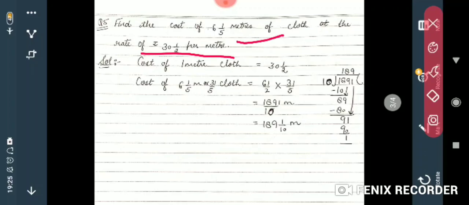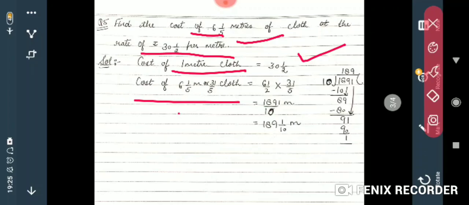That means the cost of 1 meter of cloth is rupees 30 whole 1 upon 2. So what you have to find? The cost of 6 whole 1 upon 5 meter.